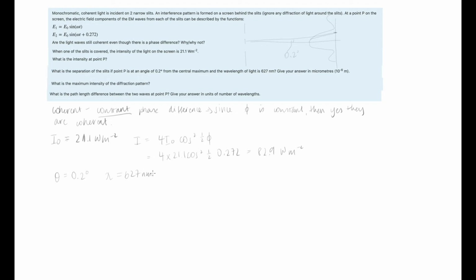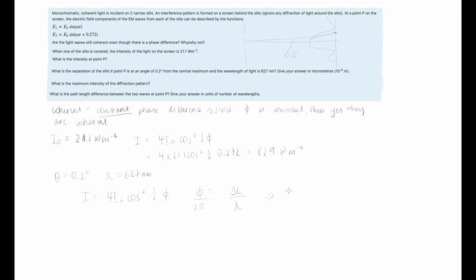Okay, so we can work this out from what we know. So we have our equation, and I'll write it here. This is what we just wrote before. Now, phi in this case is given to us by, remember, phi on 2 pi equals our path length difference divided by our wavelength.